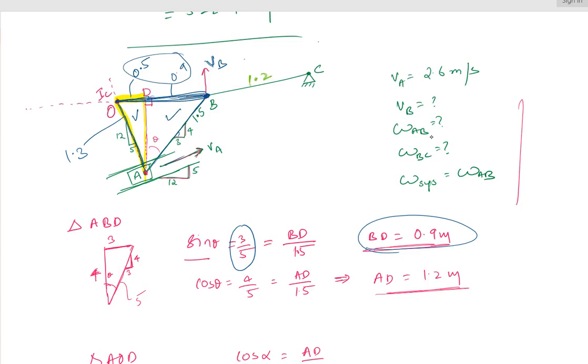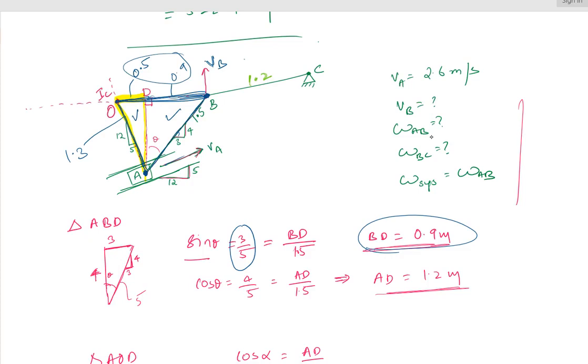And then for AB, the angular velocity of AB is the linear velocity of A divided by this radius OA.